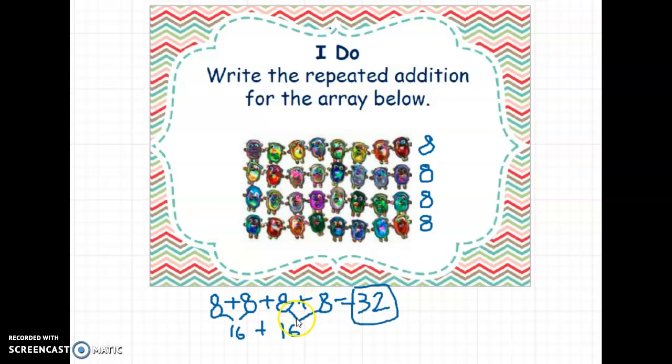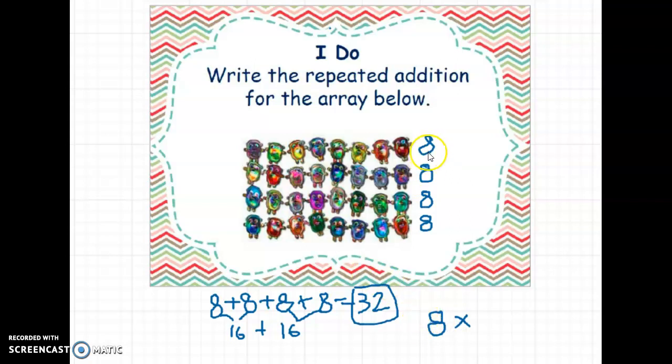Alright, now I know this says to do repeated addition up here, but we're going to go ahead and write out multiplication for this one too. Alright, so we know that each row has 8, so I'm going to write 8 right here. The multiplication symbol is an X. Now, how many times was 8 repeated in our array?